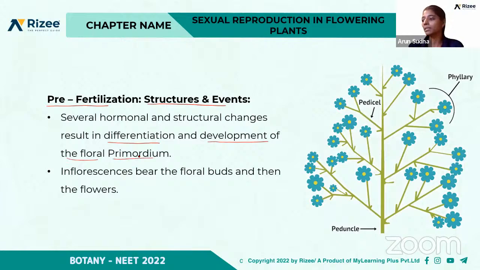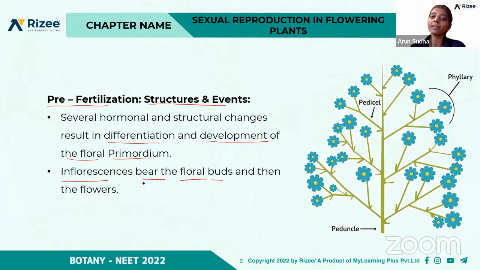So primordium is nothing but the earliest stage of the development. So these hormonal and structural changes that happen in the flowers lead to the development of the flower. So this actually we saw already about the inflorescence, right? So the inflorescence bears the floral buds and then the flower.